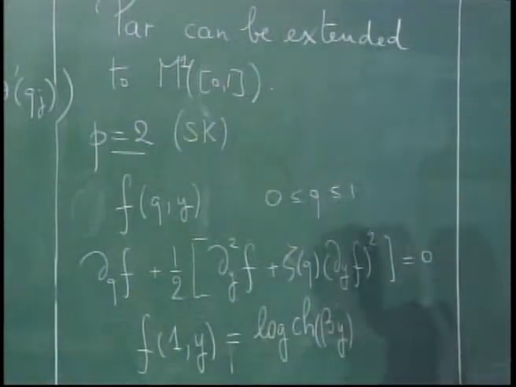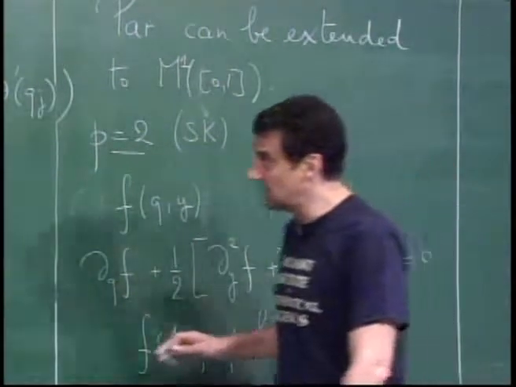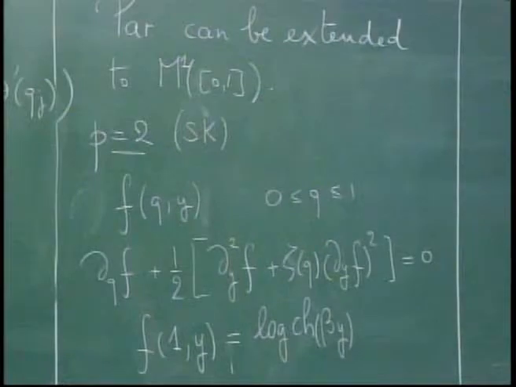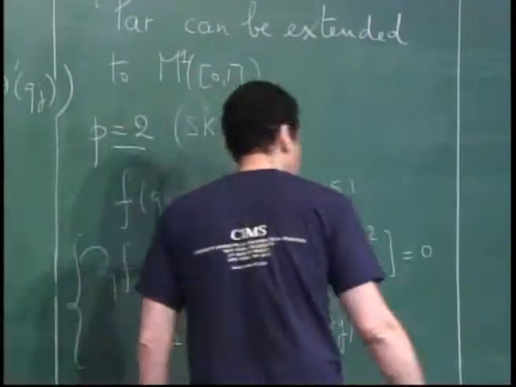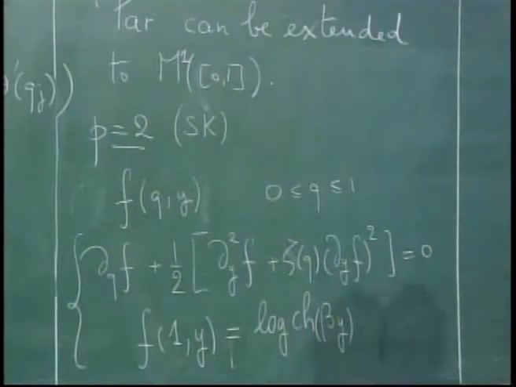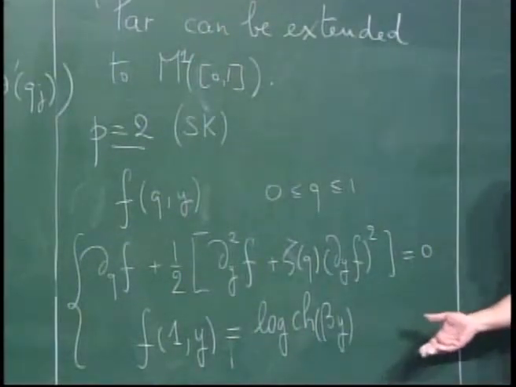The value of this function is not crucial. Of course, it's the same as this. So now you look at the structure of this equation. Now this equation is in fact not hard.